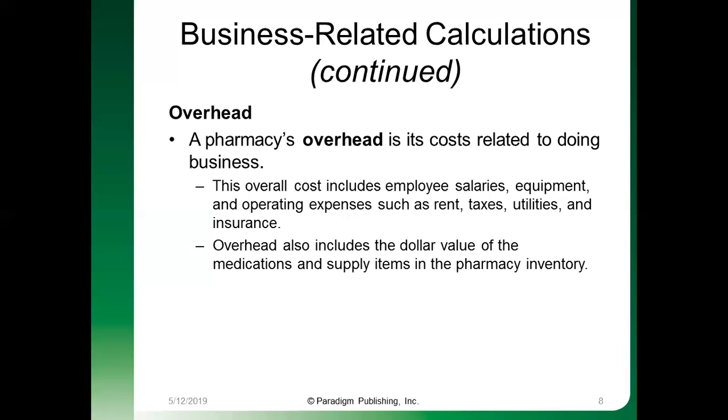Overhead also includes the dollar value of the medication and any supplies in the pharmacy inventory. So anything that you could think about that the pharmacy is having to pay in order to stay afloat is what an overhead cost is.